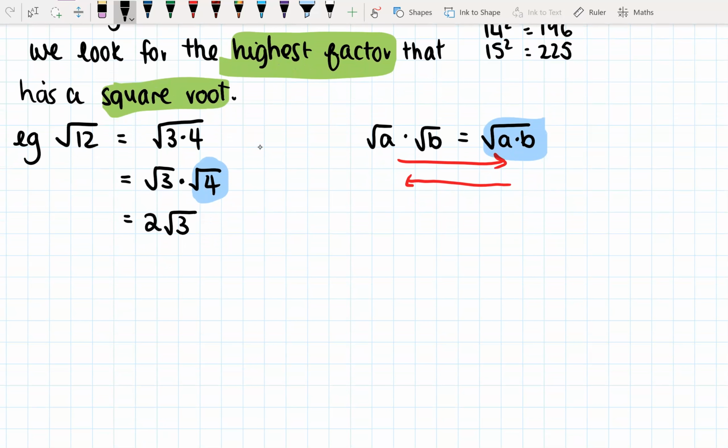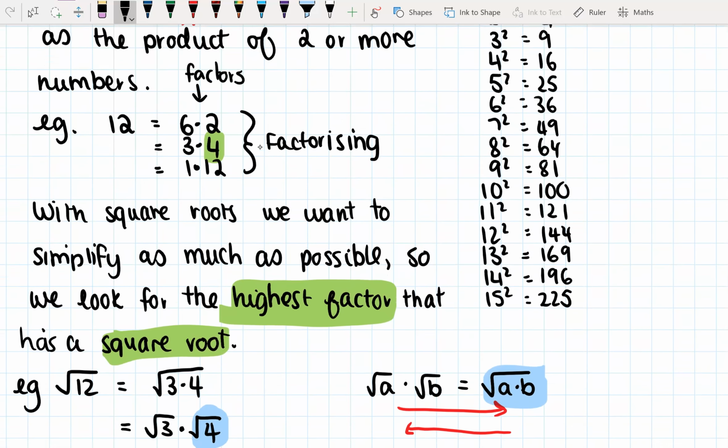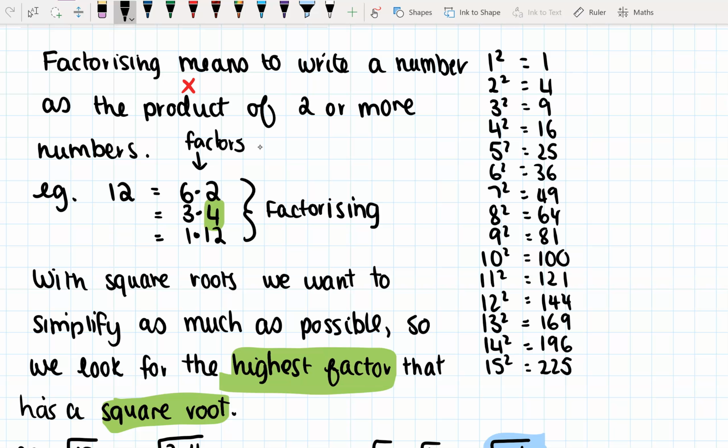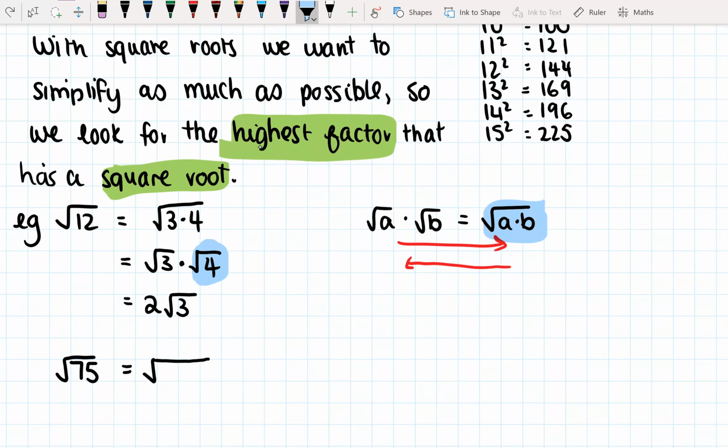All right, let's try the square root of 75. Now, if we think about 75 as something times something, we want one of those numbers to be on our list here. Hopefully you've all seen that 25 is a factor of 75, so we're going to use that one.